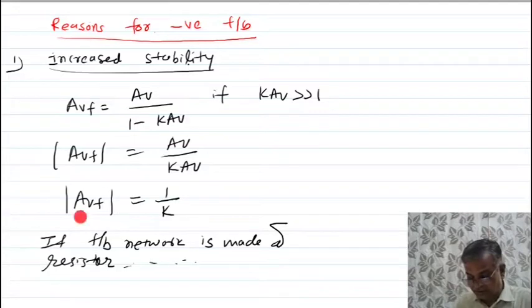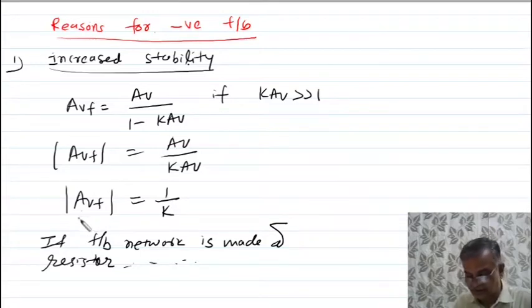But if the feedback network is made up of only passive components, then the gain does not depend upon temperature, beta, frequency.